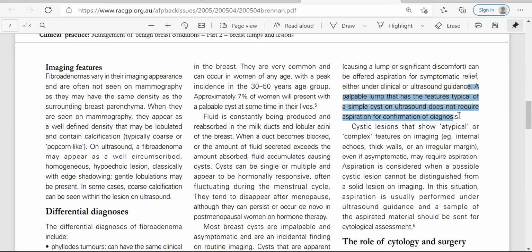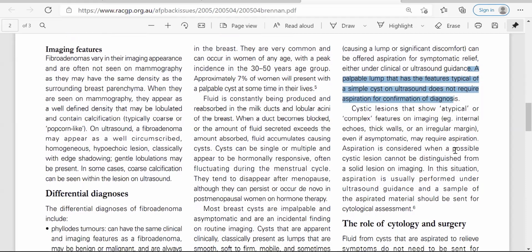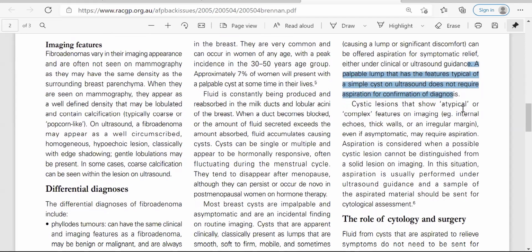So you already understand ultrasound can actually say whether we need to do anything else like a biopsy. But a cystic lesion that shows atypical or complex feature on imaging should get aspiration followed by FNAC, or you can do aspiration cytology also if you want.